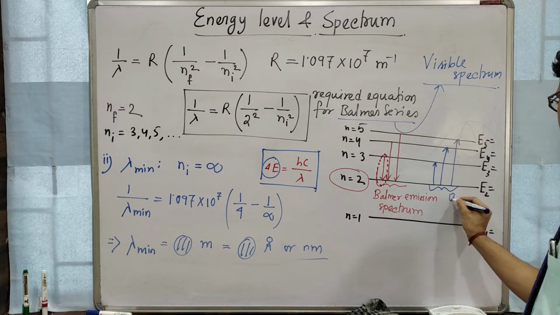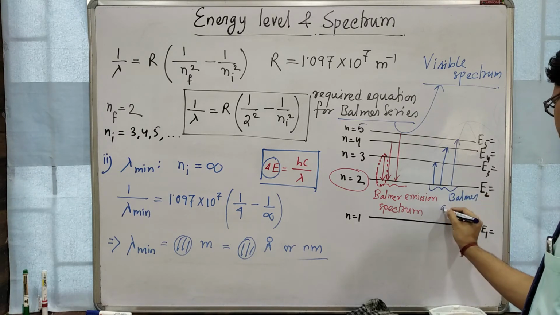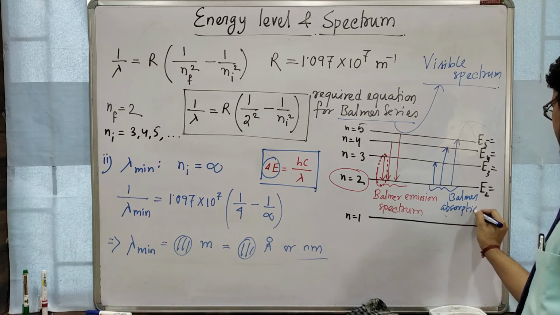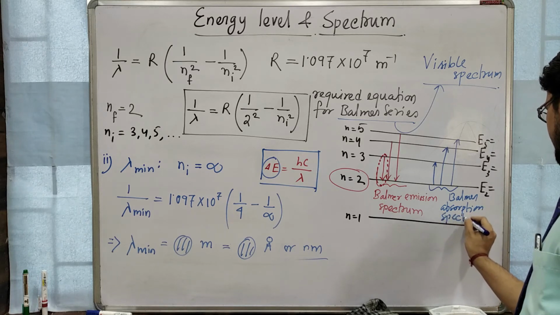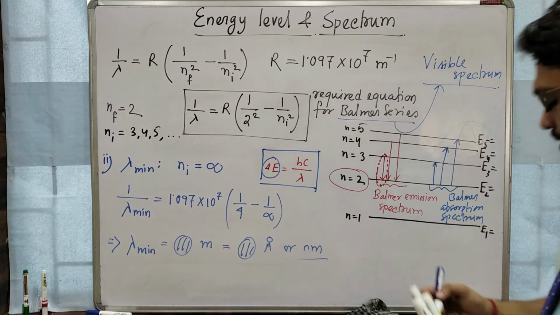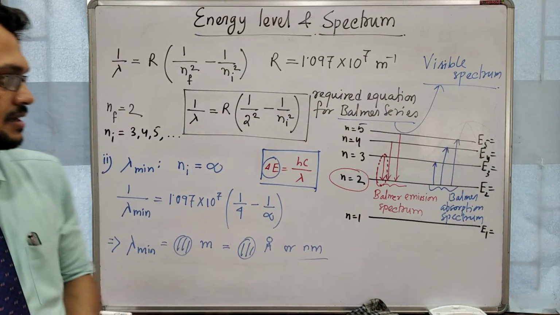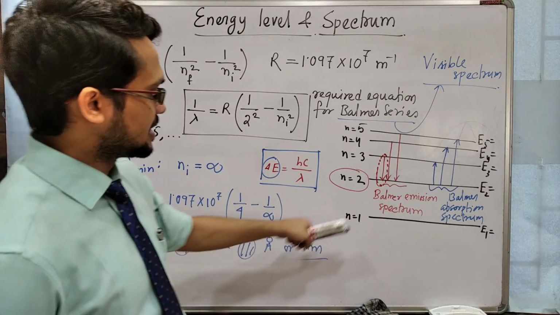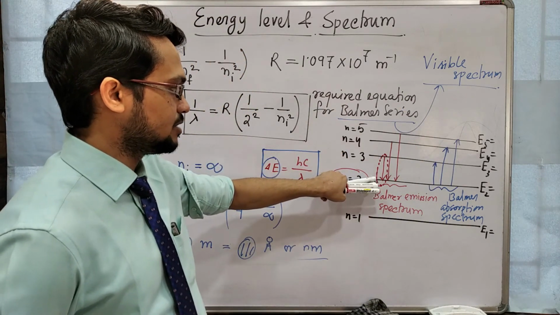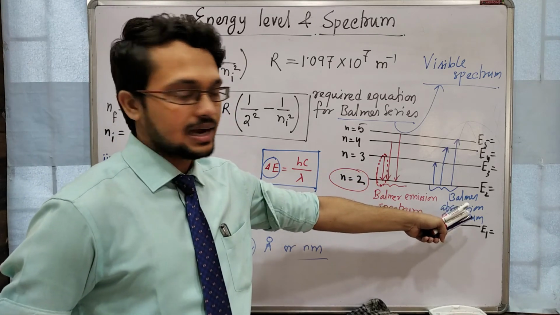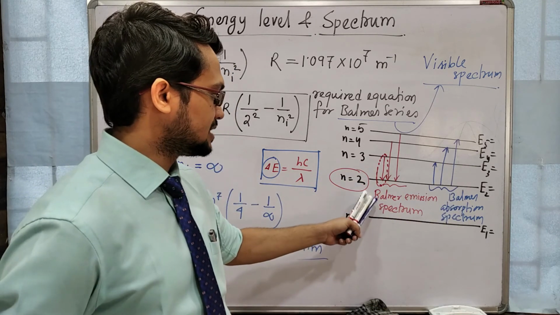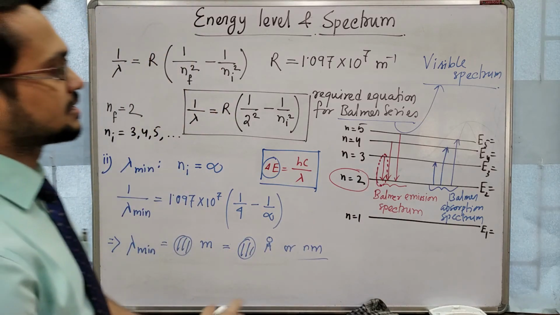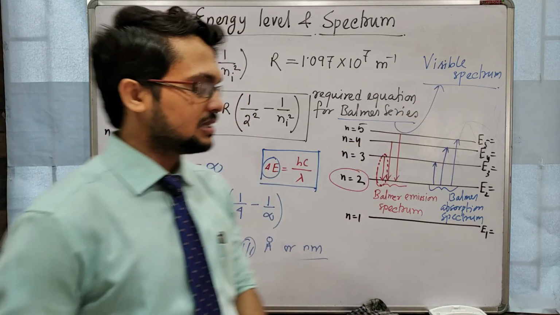This is Balmer absorption spectrum. Balmer absorption spectrum means arrows will be in the upward direction. Balmer emission arrows will be in the downward direction. It will end at infinity. For absorption they will start from n equal to 2. For emission they will end at n equal to 2. So this is for Balmer, and all the wavelengths will lie in the visible spectrum.